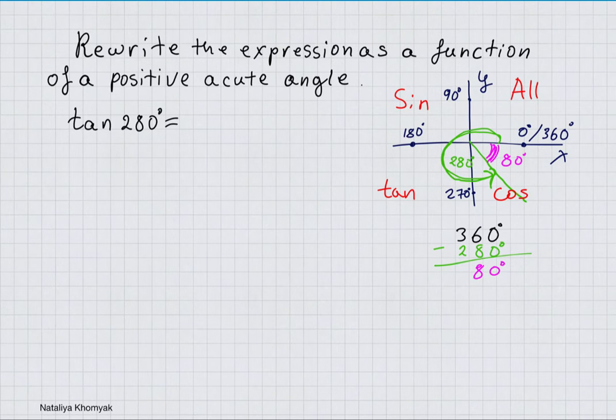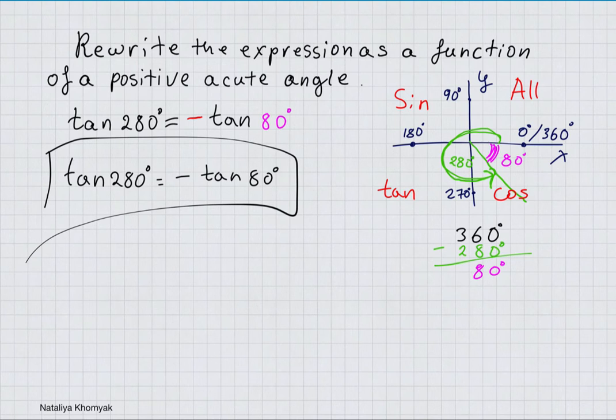Since the angle falls in quadrant 4, and we are working with tangent, tangent will be negative in that quadrant. And the reference angle we got was 80 degrees. So tangent of 280 degrees has the same value as negative tangent of 80 degrees. And this is our solution.